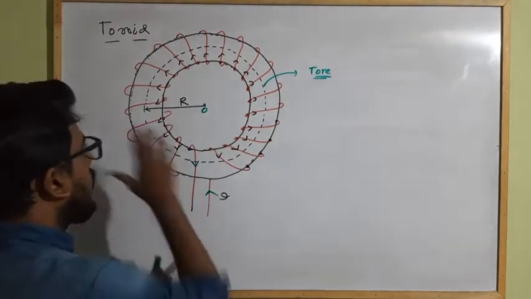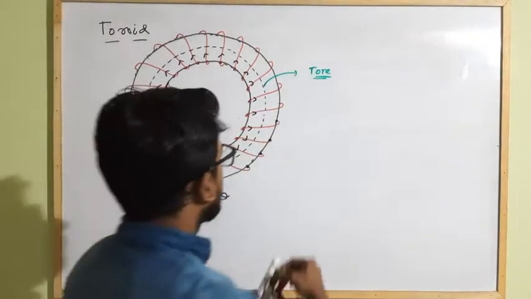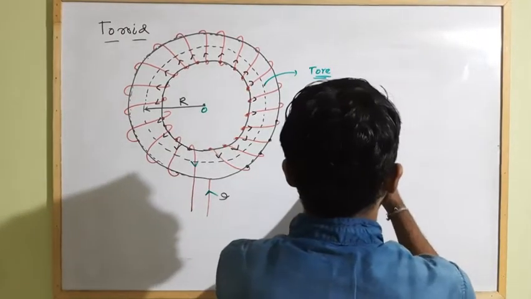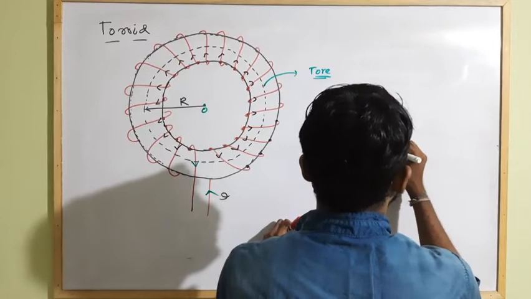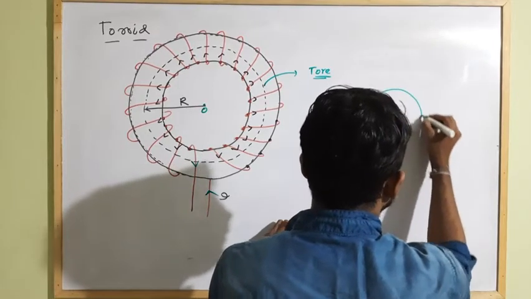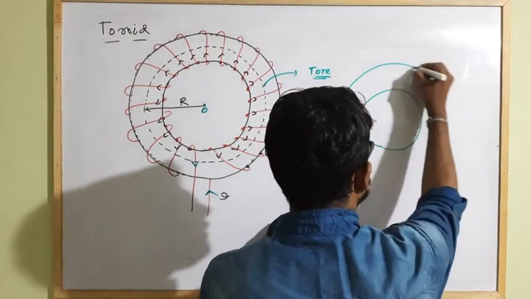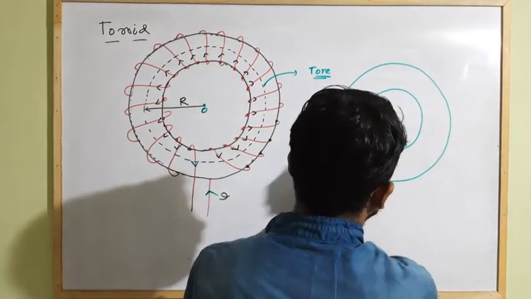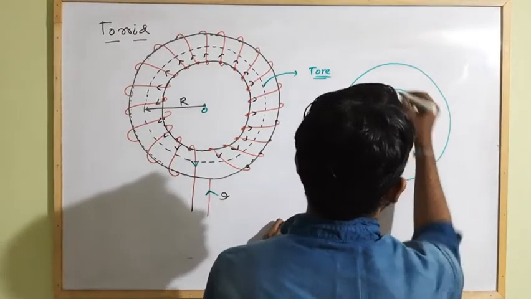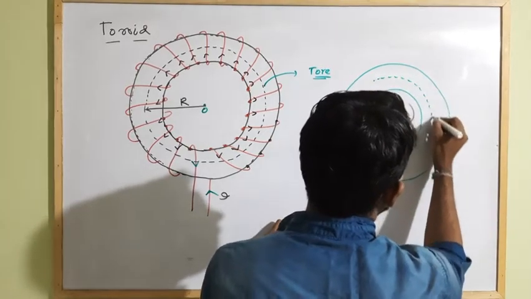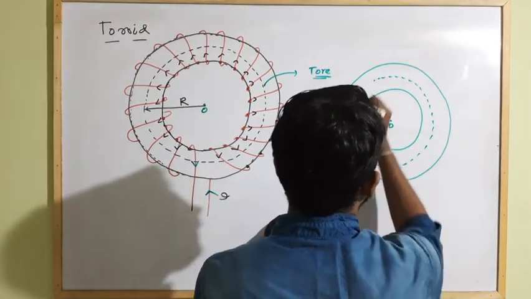So if I cut it longitudinally, this toroid will look like this. This is the tor. This is the external circumference of the toroid. Okay, this is the center, and this is the average distance of the tor of the toroid.